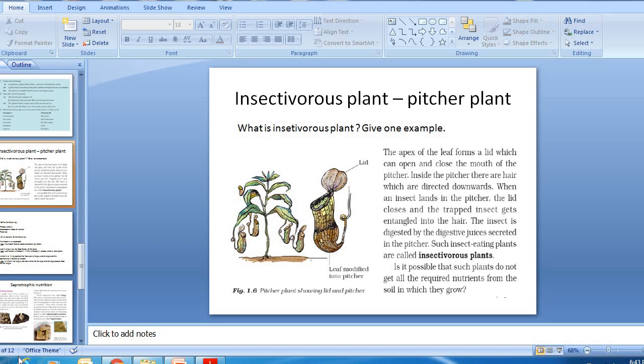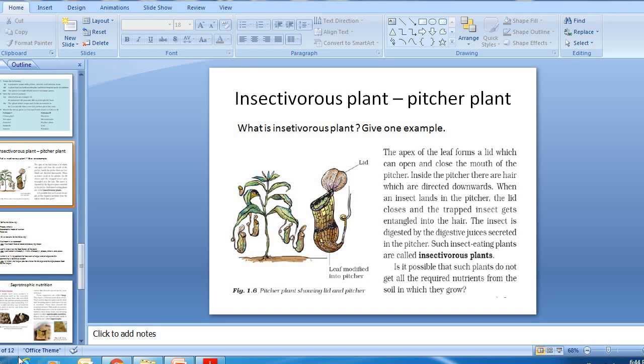So insectivorous plant was already mentioned in the previous video of chapter 1, but now we have to do some detailed study. Pitcher plant is an insectivorous plant. It is named pitcher plant because there is a pitcher-like modification.